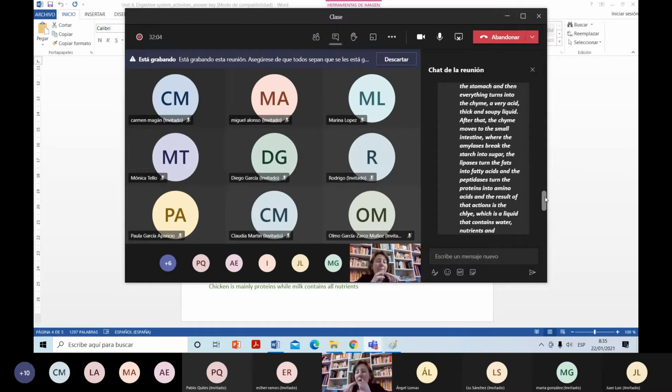So mainly what I've got in my meal is chicken that could be summarized as mainly proteins, bread that could be summarized as mainly starch, and then milk that contains proteins, fats, and also sugars.